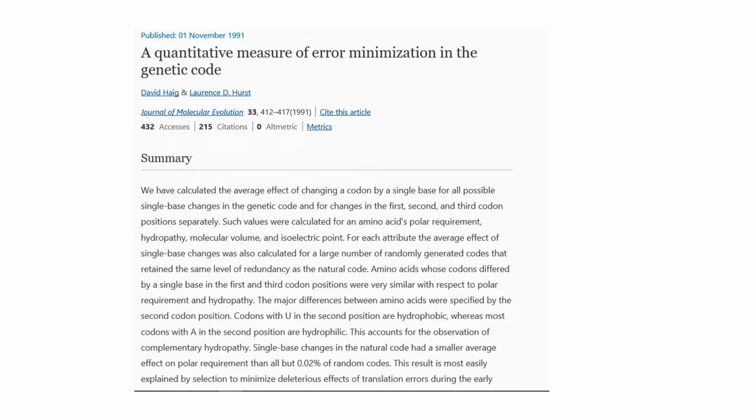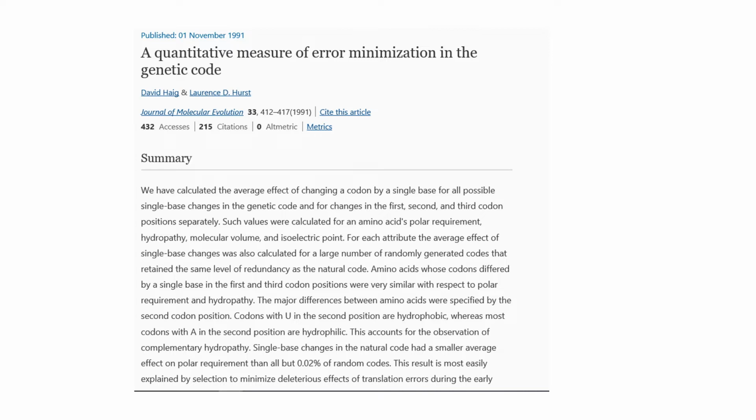Well, we explain it by the redundancy we've talked about before, that if you change one of the codons, you often will not change the amino acid because multiple codons code for the same amino acid.